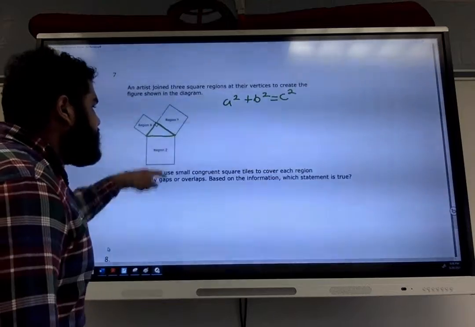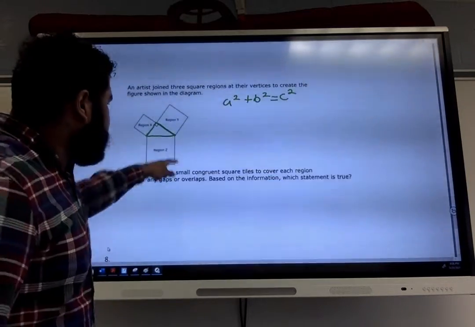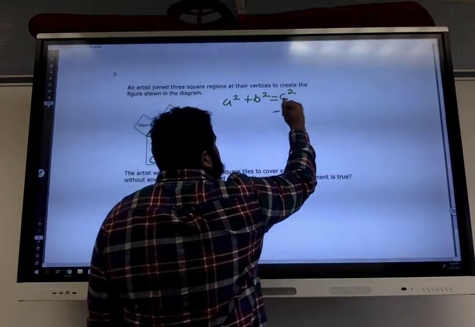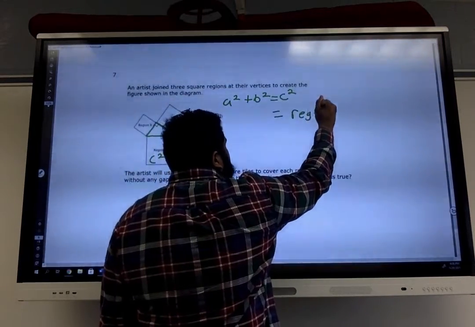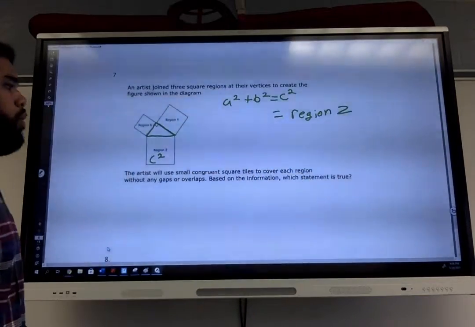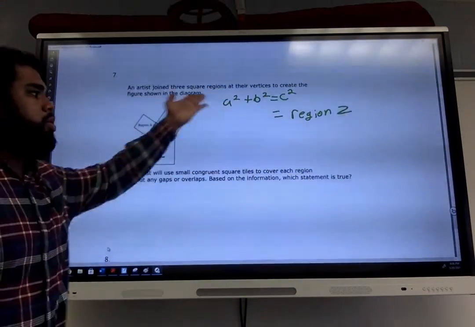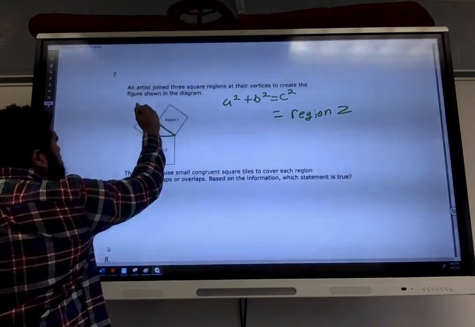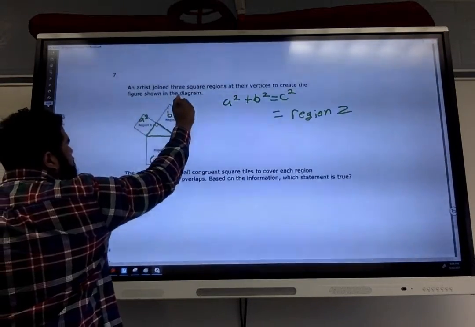Right here, which is attached to the square region Z. So what am I going to need to add up to equal region Z? Well, A squared and B squared, right here, region X and region Y.